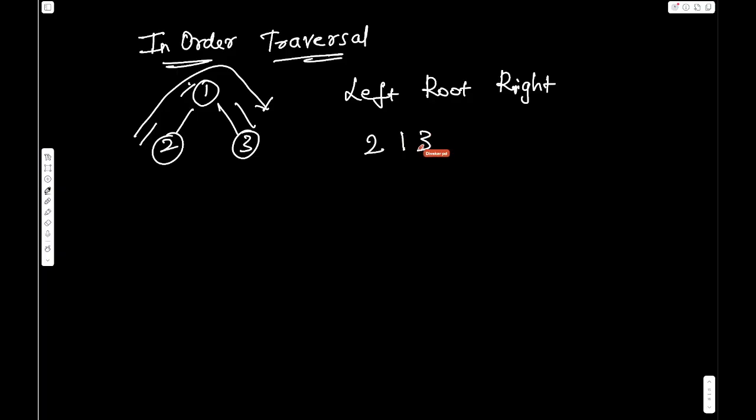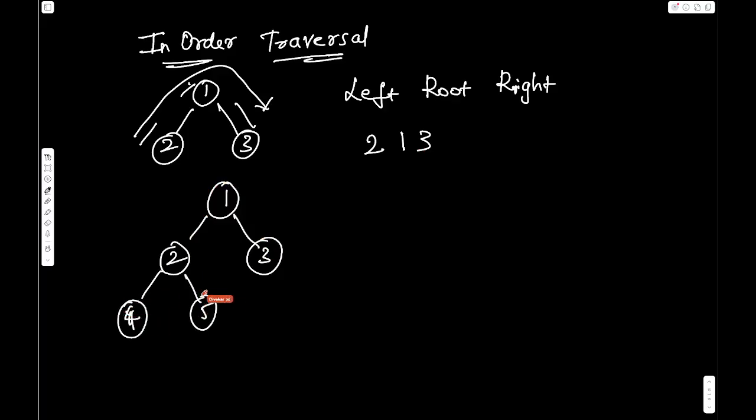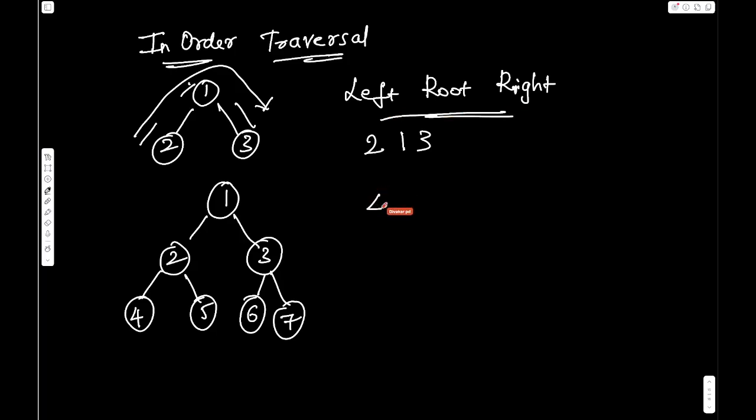So let's take a bigger example. So how are we going to represent this? 4, 5, 6, 7. So if you see our notation, left, root, and right. The leftmost node is 4, root is 2, and then right is 5.